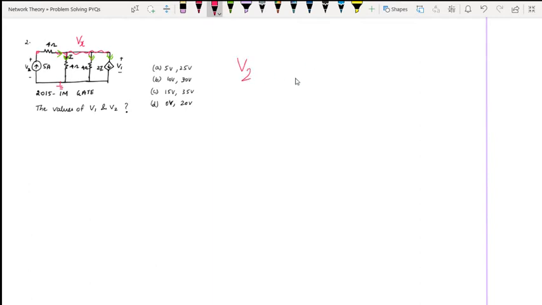So (V2 minus Vx) divided by 4, the other end of the 4 ohm being Vx, should be equal to, because the sum of the entering currents is equal to the sum of the leaving currents, and only one current is entering, the leaving currents: Vx by 4, that is (Vx minus 0) divided by 4, and again (Vx minus 0) by 4. These are all the leaving currents.